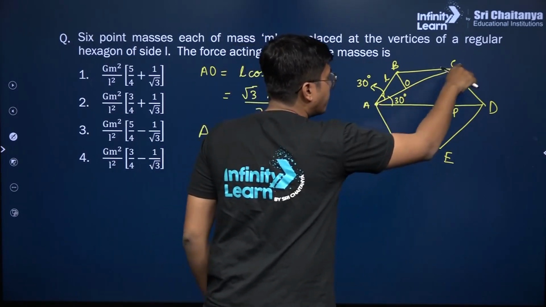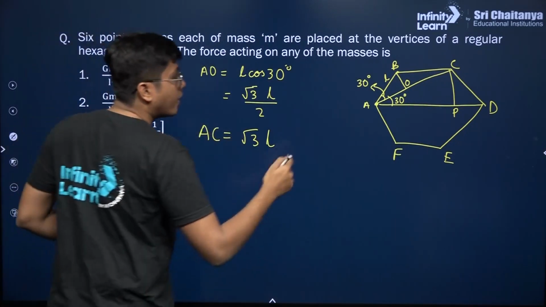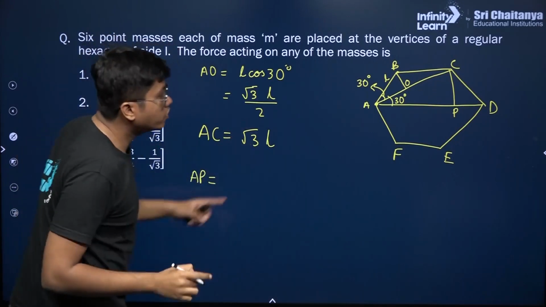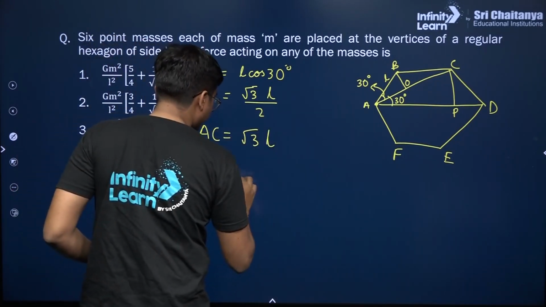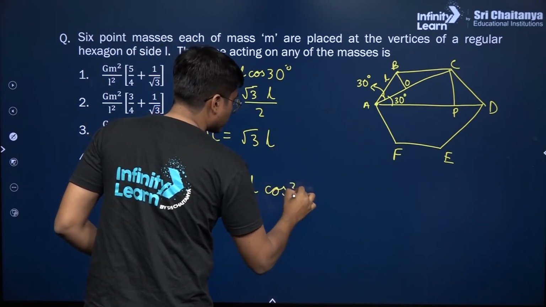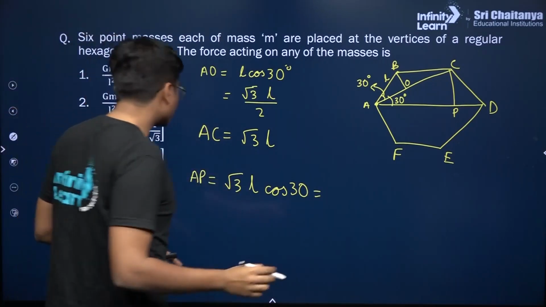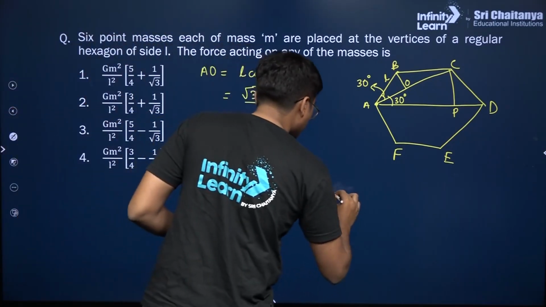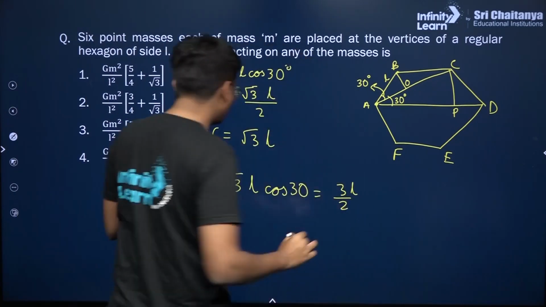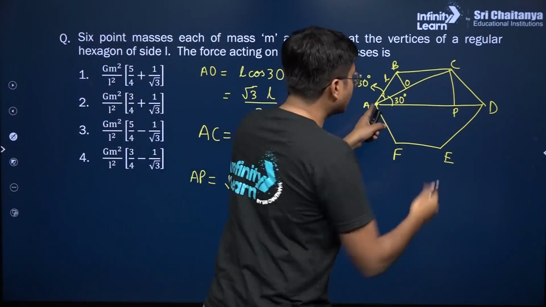Again the hypotenuse we know, that is AC, that is just root 3L, which means AP would be equal to root 3L into again cos of 30. So that is going to give you root 3 by 2 over here. So AP becomes root 3 by 2, so it's going to be 3 by 2L. Root 3 and another root 3 multiply to give you 3. So we got AP. That is just this length.